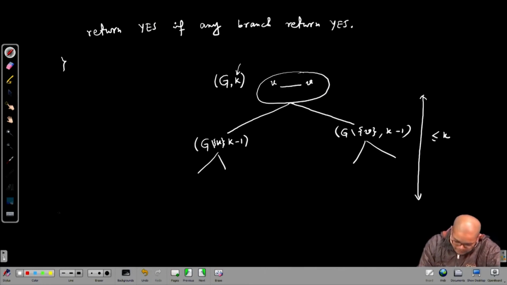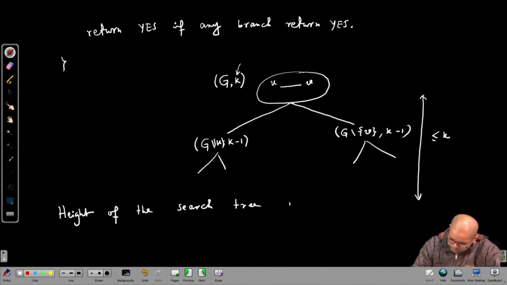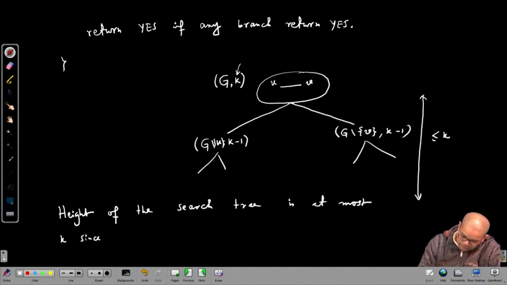So right, height of the search tree is at most k. Why?